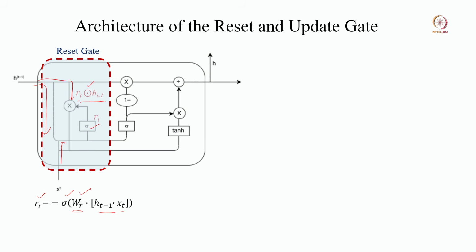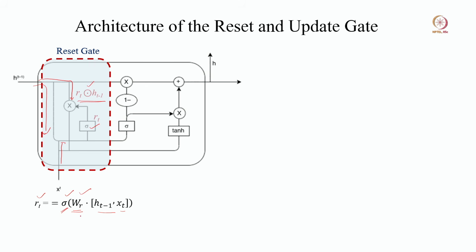Now, how exactly is the reset gate working? This sigmoid operation, as I told you before, gives a value between 0 and 1. Any value between 0 and 1 means 0 is totally forgotten and 1 is totally remembered.